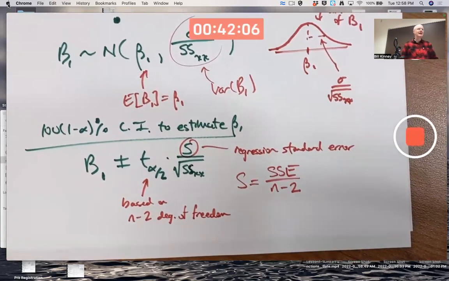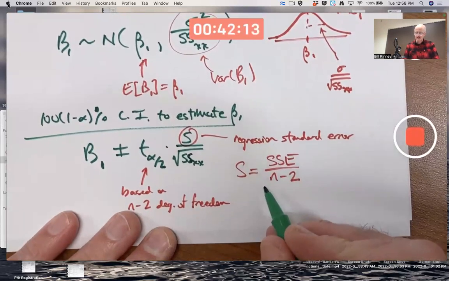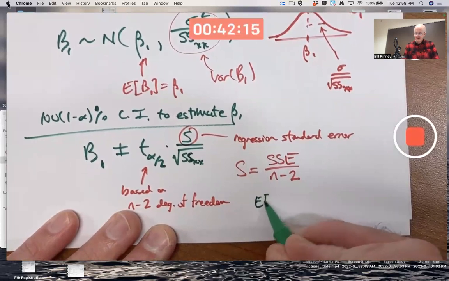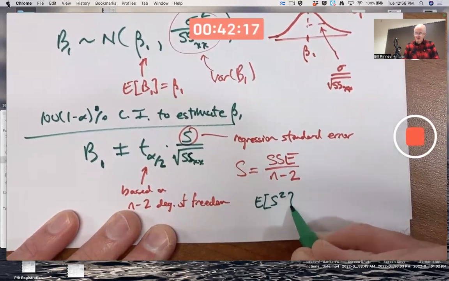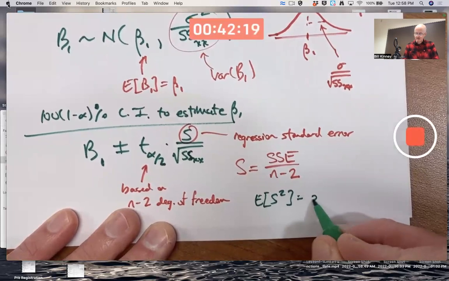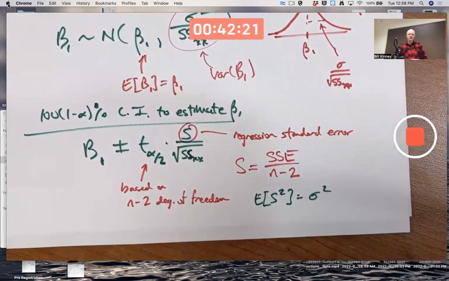Why is it based on n minus 2 degrees of freedom? Because it turns out when you square the regression standard error, when you divide by n minus 2, you get an unbiased estimator for sigma squared. S squared, the squared regression standard error, is an unbiased estimator for sigma squared, the variance of the epsilon i's.